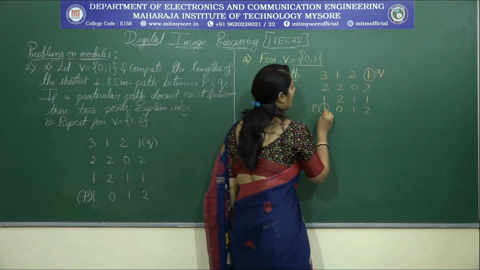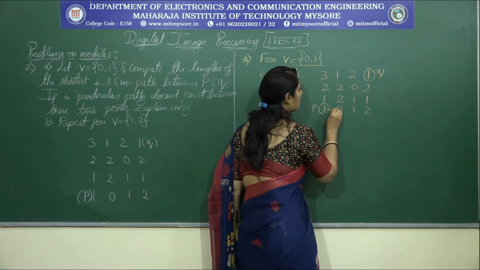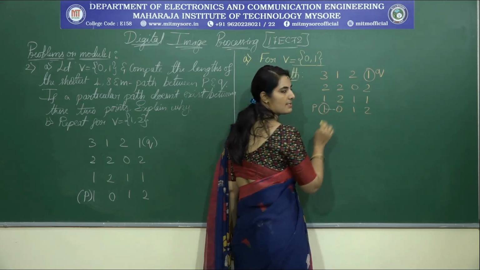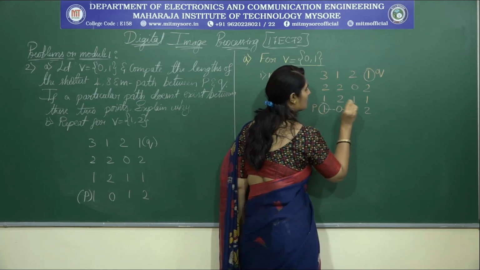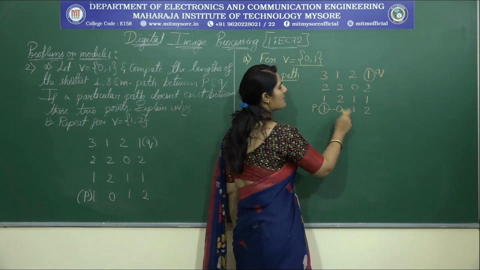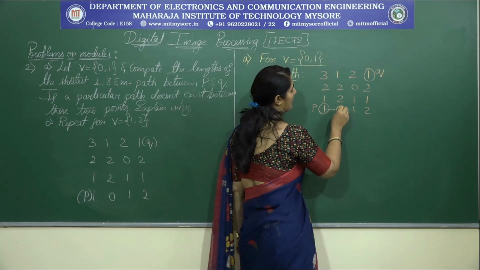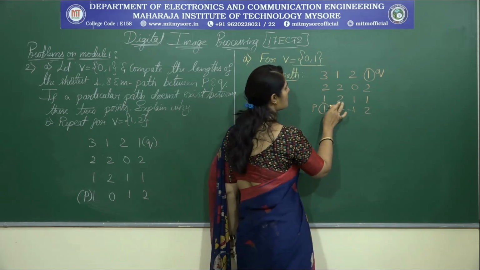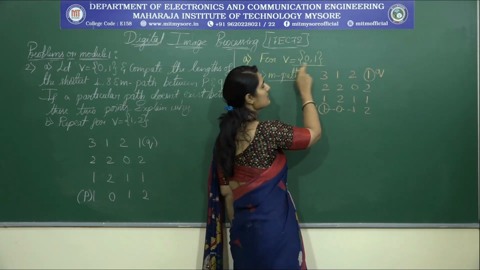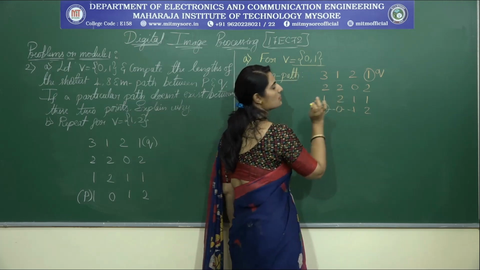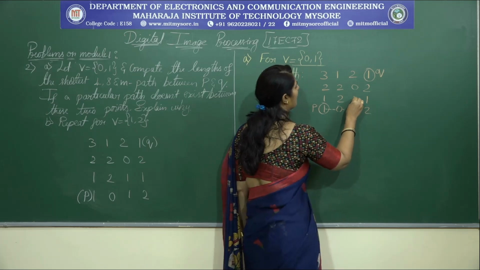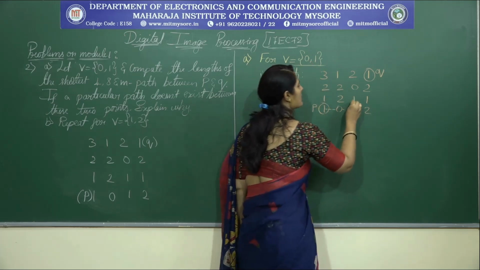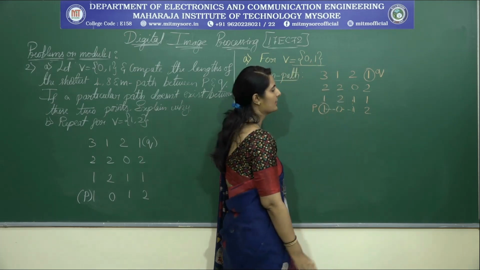Now I can create a 4 path between 1 and 0, and between these 2 pixels I can create one more 4 path between 0 and 1. I cannot go this way because 2 does not come in this set V, so I cannot choose this path. So I have to choose this path. Next, here again I have 1, which is given in V, so I can create one more M path here.